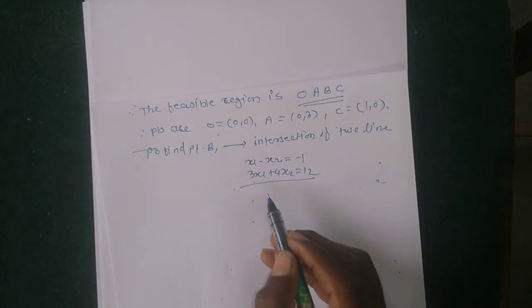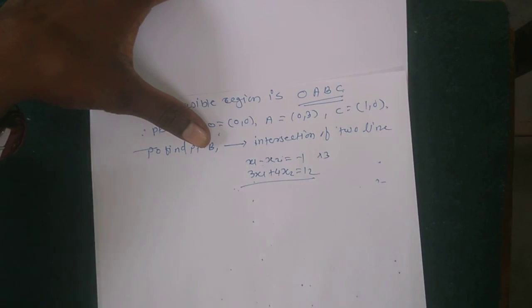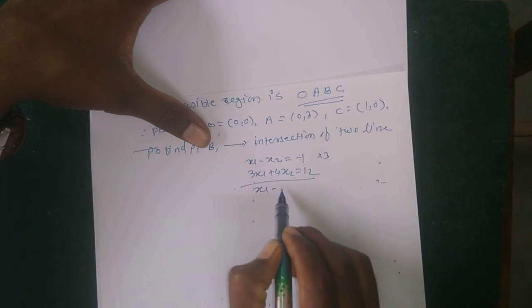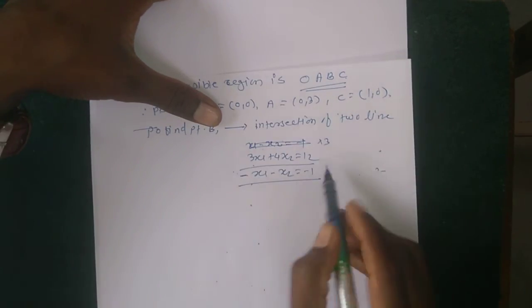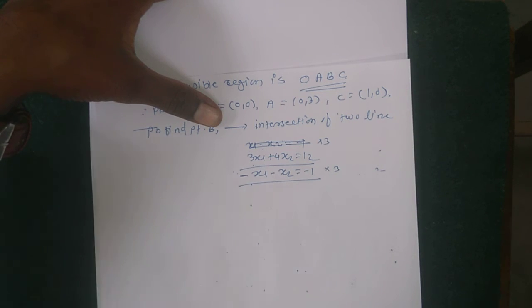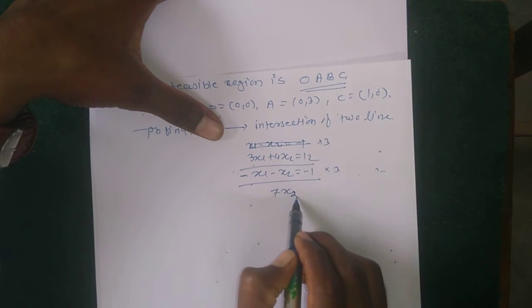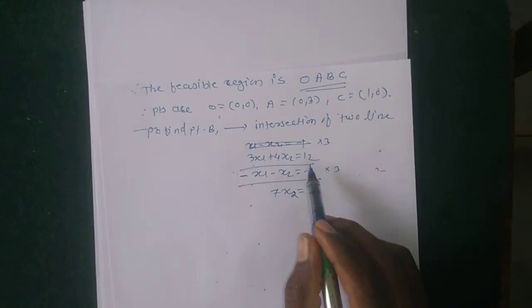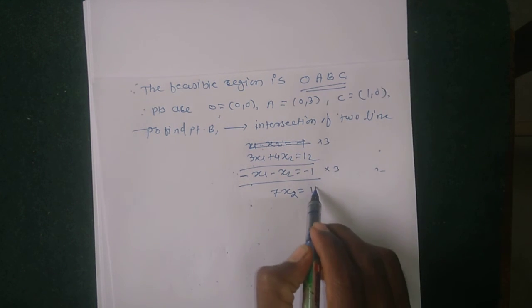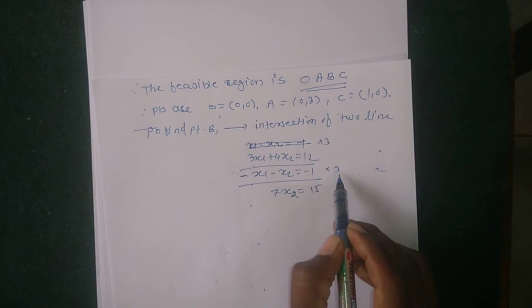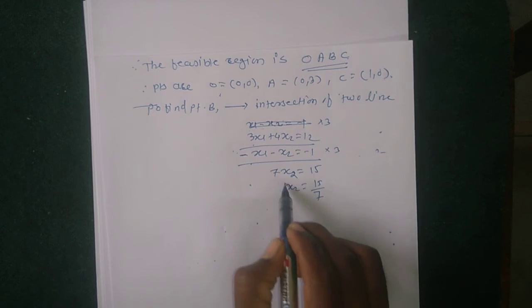Multiplying the first equation by 3 and subtracting, we get 7x2 equal to 15, since 12 plus 3 is 15. Then x2 is equal to 15 by 7.